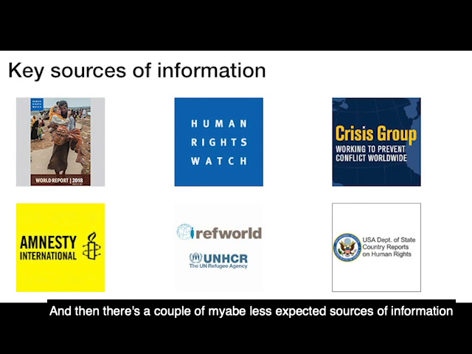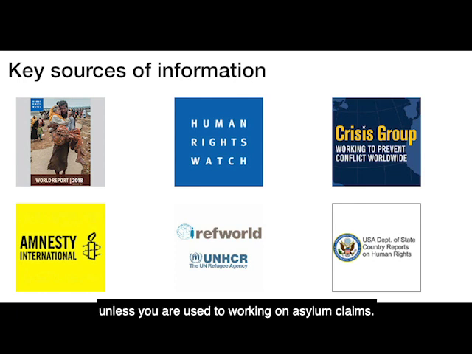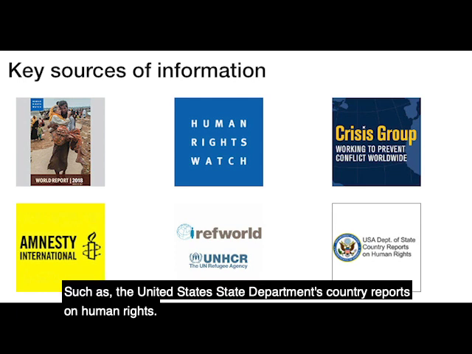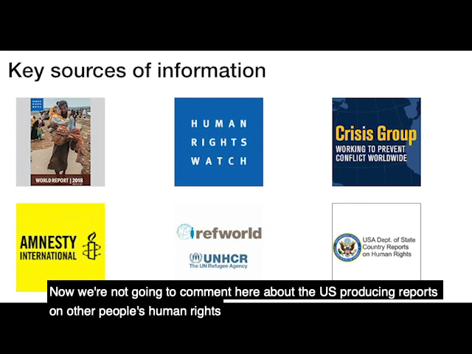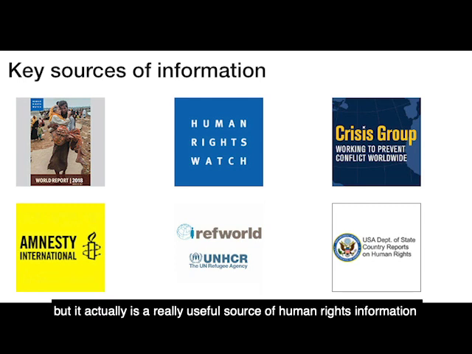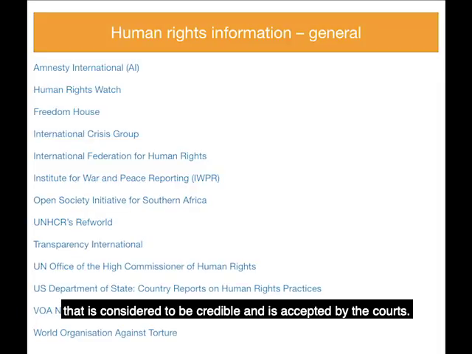And then there's a couple of maybe less expected sources of information unless you are used to working on asylum claims, such as the United States State Department's country reports on human rights. Now, we're not going to comment here about the US producing reports on other people's human rights, but it actually is a really useful source of human rights information that is considered to be credible and accepted by the courts.